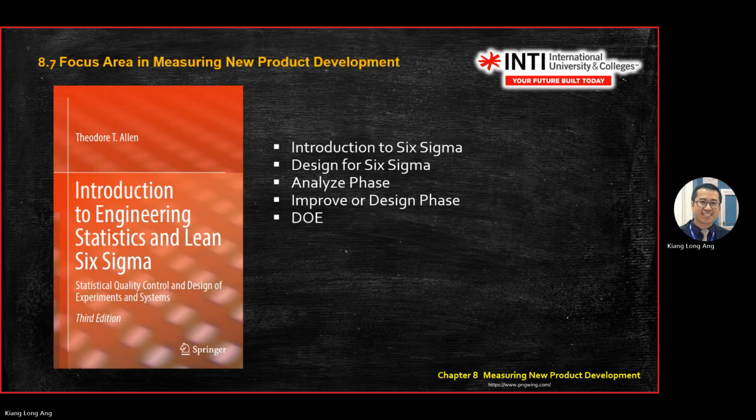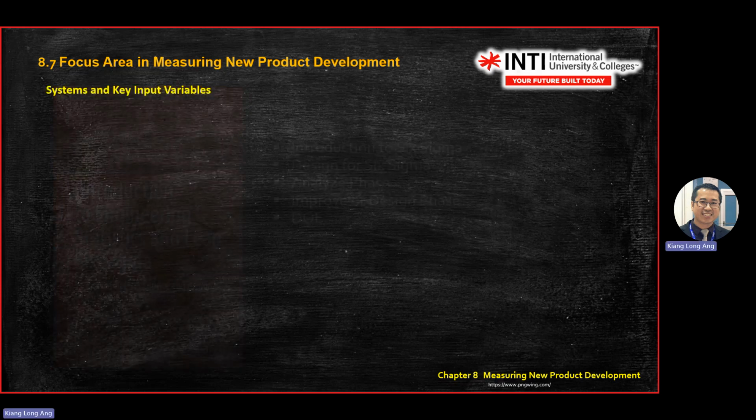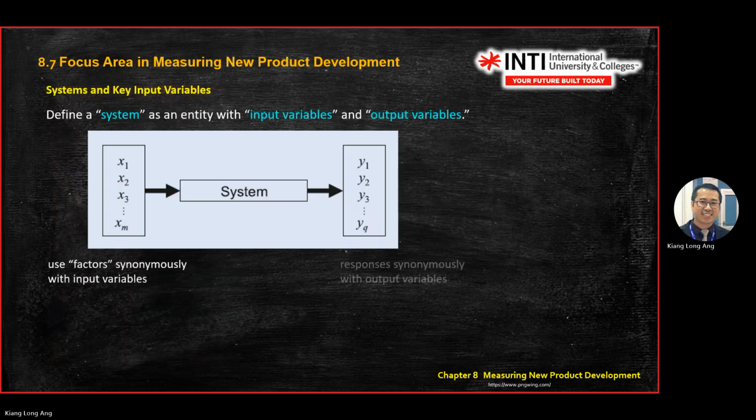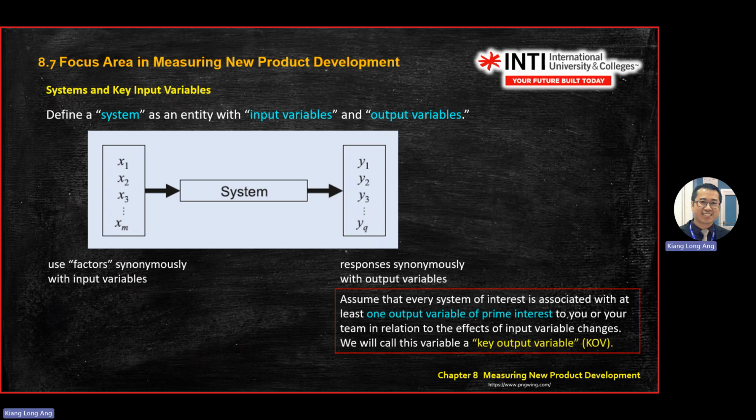Okay, another one is Six Sigma, and this one is from this book. This one is a bit detailed, but this one you read as your information. So in Six Sigma, they have something called system input and output. You go inside a system, you must have an input and output.